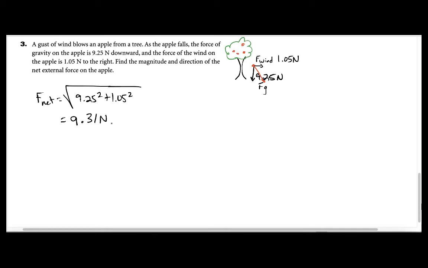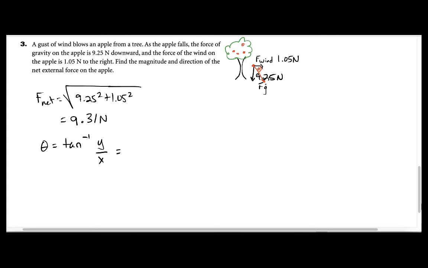9.31 newtons. We need to know the angle. And as long as we keep this with the horizontal, then it continues to be the y portion is over here on the opposite. So inverse tan of y over x.